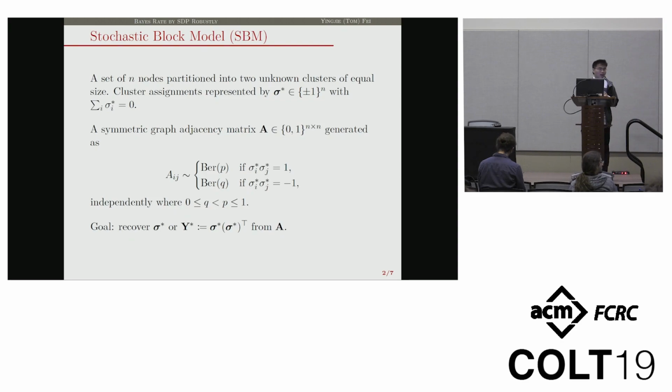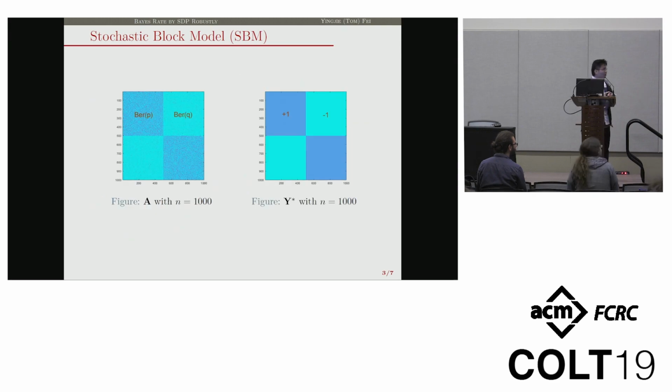Our goal here is to recover sigma star, or Y star, which is the matrix version of sigma star, sigma star times its transpose, from the observation, the adjacency matrix A. Just to give an example of this model: here we have the first 500 nodes in the same cluster, while the last 500 nodes are in another cluster. The left part here is the adjacency matrix, with the blue color indicating there is an edge, and the lighter color indicating there is no edge.